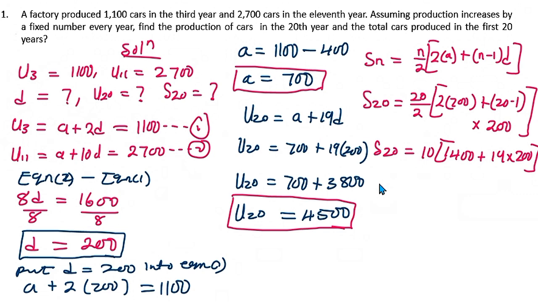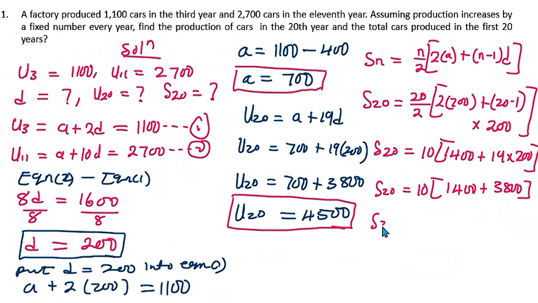So the sum S20 will give us 10 into bracket 1,400 plus 19 times 200, which is 3,800.